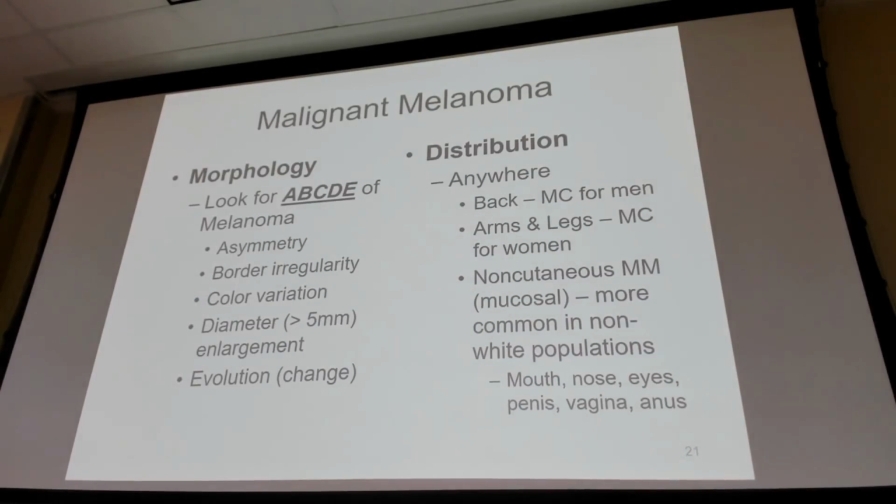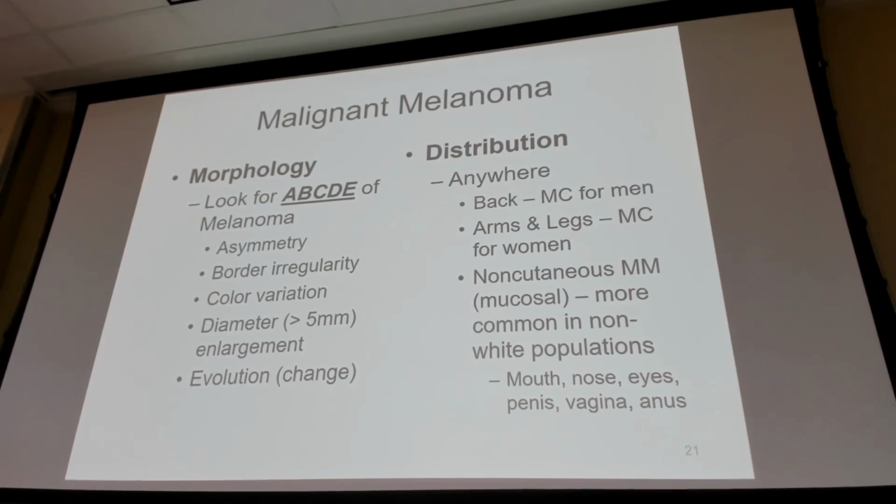So what does ABCDE stand for? Asymmetry. So it's not symmetrical. It's not balanced. There's not a perfect circle. There's something that is just not the same. Border irregularity. So we can't see where it starts, where it stops, where it's at.